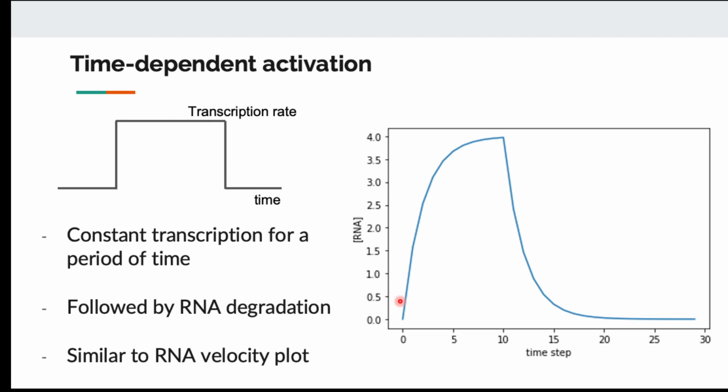We have an activation of the gene balancing with the degradation, and when we turn the gene off, there will only be degradation, so we will see exponential decay. We start from this pattern, which has no regulation at all, just turning on for a certain period of time and then turning off.